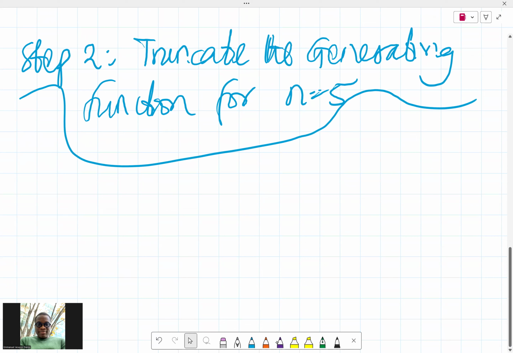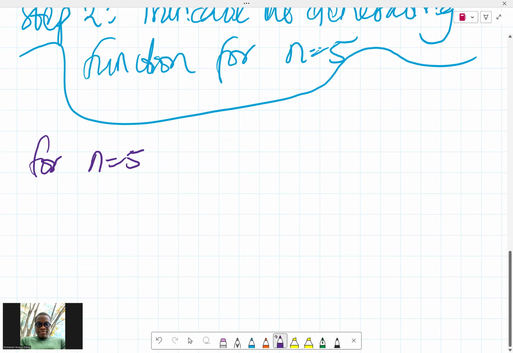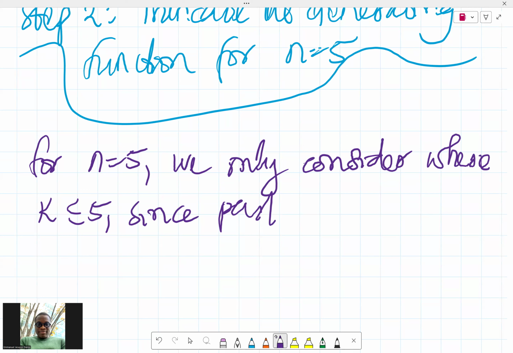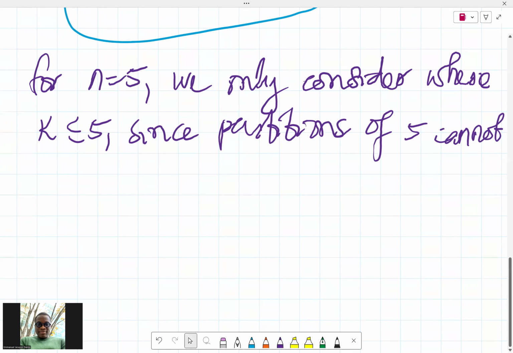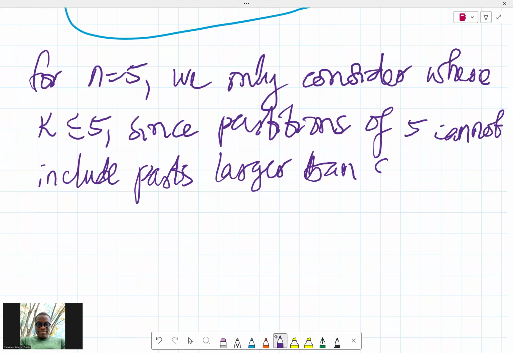And here, we say that for n equals 5, we only consider where k is less than or equal to 5, since partitions of 5 cannot include parts larger than 5, for sure.